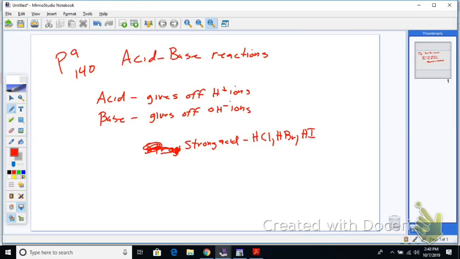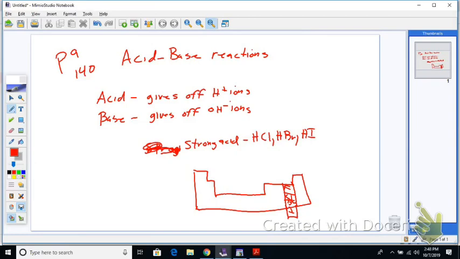It's chlorine, bromine, and iodine. When you look at a periodic table, it doesn't include fluorine, but it does include chlorine, bromine, and iodine.